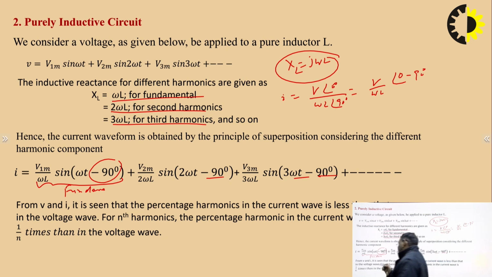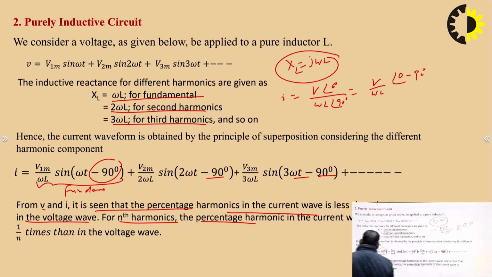So we can conclude that for the nth harmonic, the percentage harmonic in the current waveform is 1 by n times that in the voltage waveform.